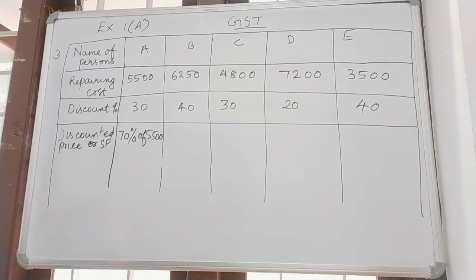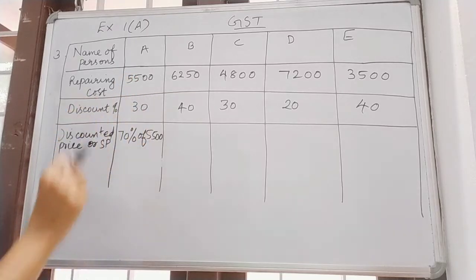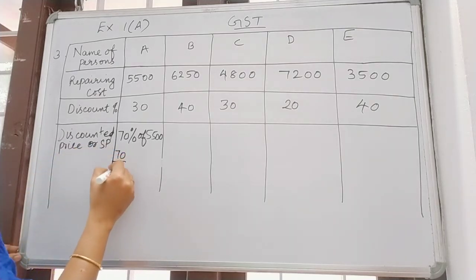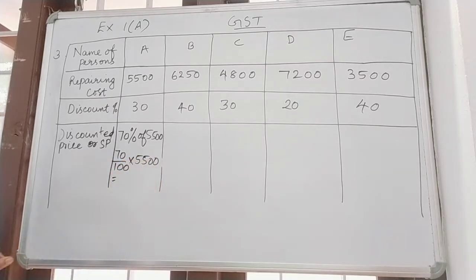That means the repairing cost is 5,500. So we have to pay 70% of 5,500. That is 70 by 100 into 5,500. So value of that is 3,850.